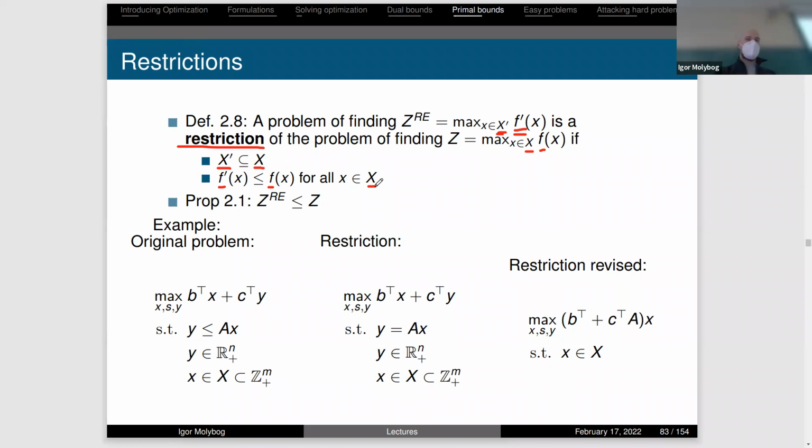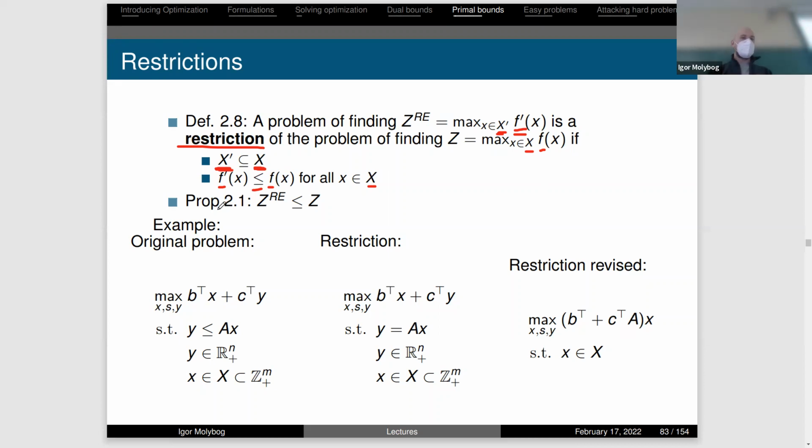It is in a way the reverse notion to the notion of relaxation, because for relaxation we had that x should belong to x dash, so it was the other way around, and the inequality was also the other way around.